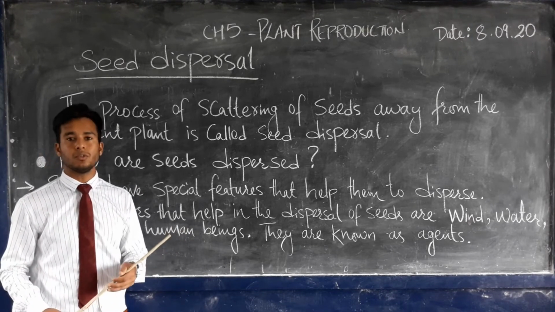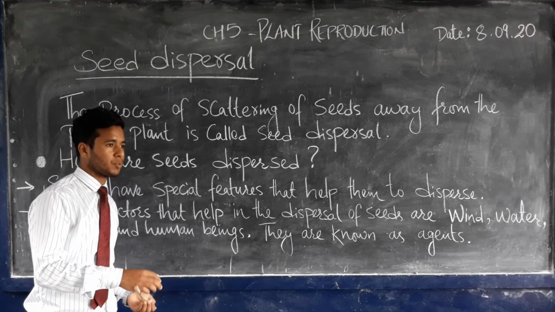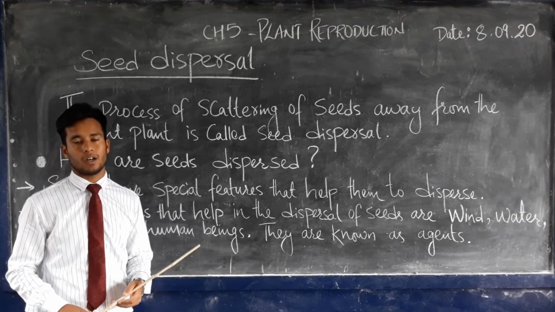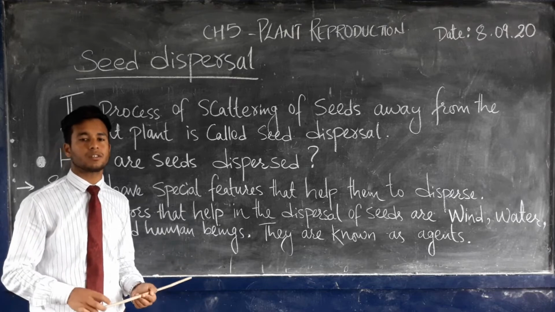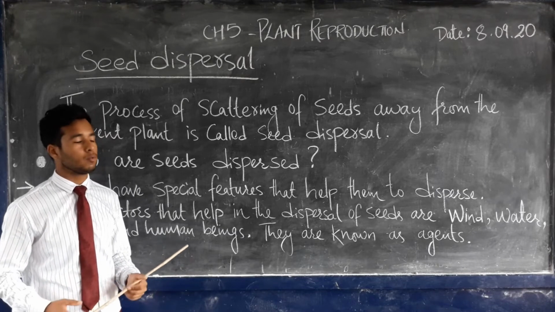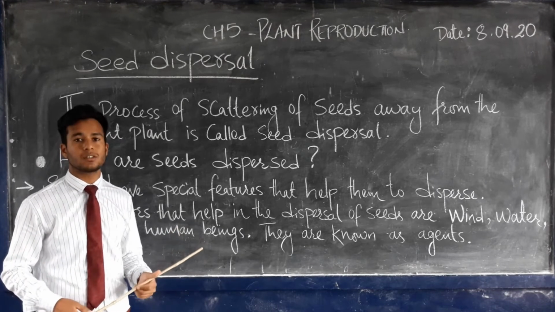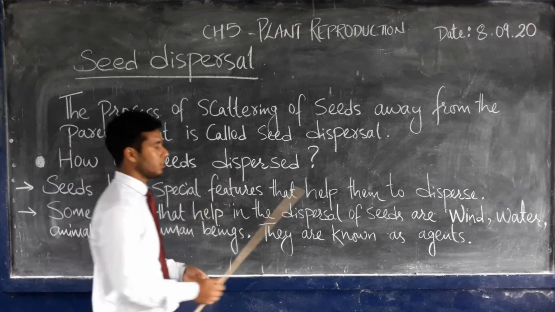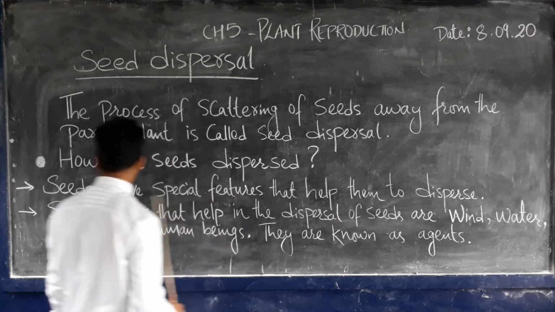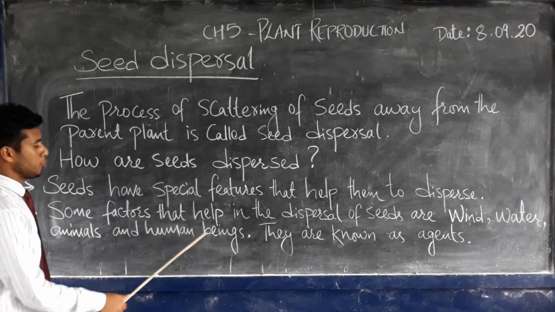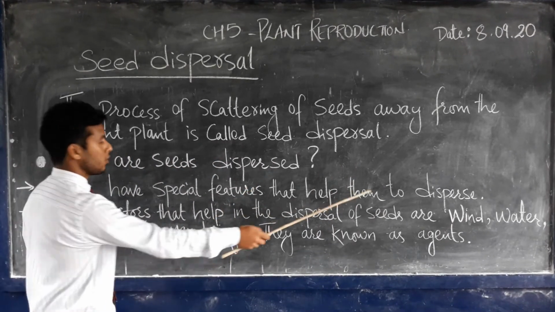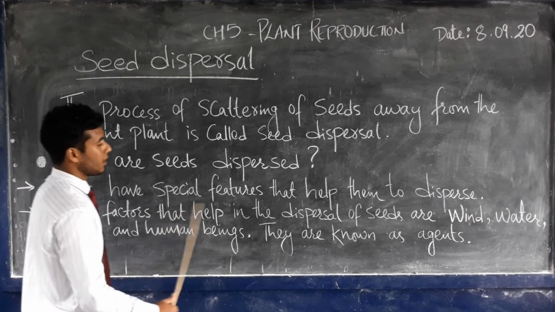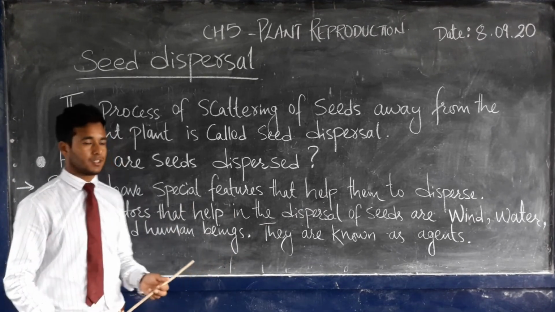In order to take something from one place to another, some agents or factors are required. So wind, water, and even animals and human beings help in the dispersal of seeds.